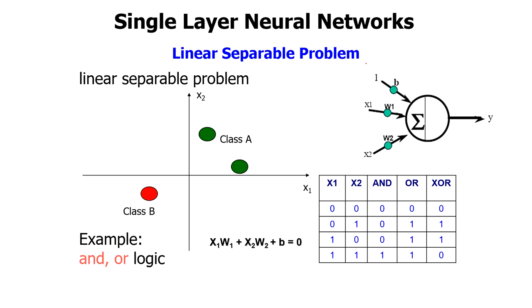If we wish to solve this particular cluster, or create a border to separate the clusters well, we can use the neuron model, in which x1 and x2 are the inputs, w1 and w2 are the weights, and b is the bias.